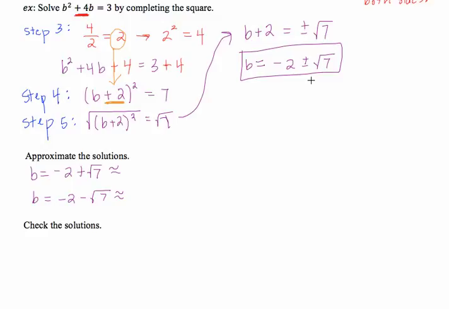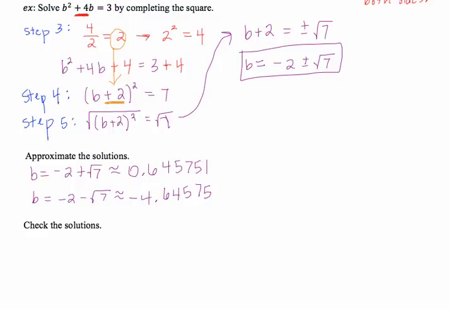So approximating those, negative 2 plus the square root of 7 approximates to, carry it out to a few decimals. Always go out more decimals than you think you need, just to be on the safe side. So about 0.645751 is what I get. And then for negative 2 minus the square root of 7, I get approximately negative 4.64575.